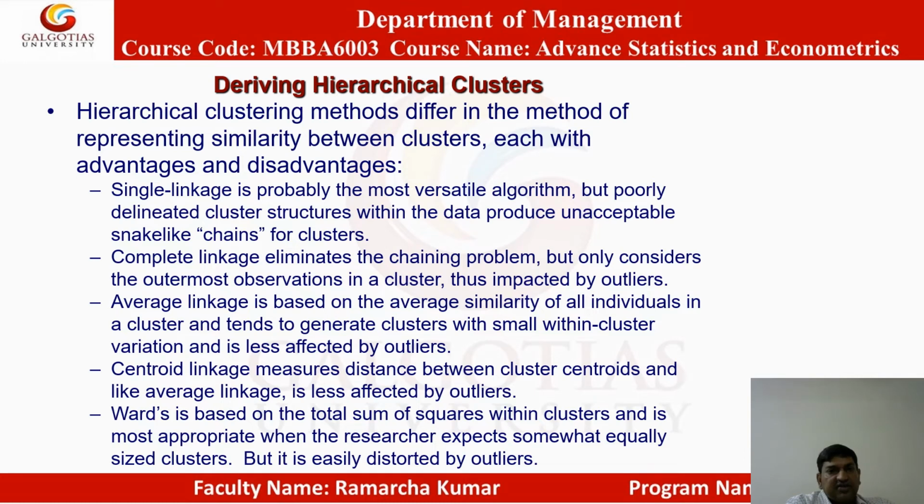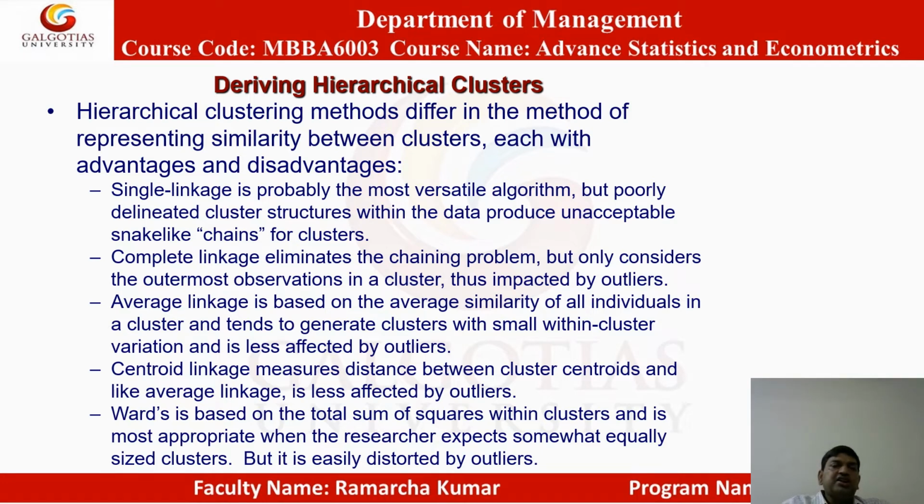Complete linkage eliminates the chaining problem, but also considers the outermost observation in the cluster, thus is impacted by outliers. Average linkage is based on the average similarity of all individuals in a cluster and tends to generate clusters with small within-cluster variation and is less affected by outliers.